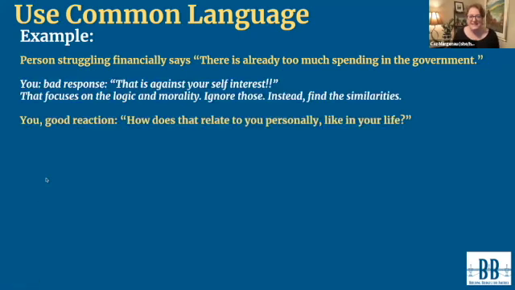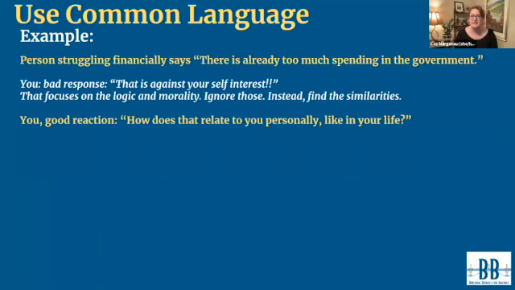A bad response would be like, hey, I think you're struggling financially. It's against your self-interest to not want the government to spend money, when some of these services could be helping you. That would be a bad response, to first go towards an argument about why that person shouldn't feel the way that they feel, right?